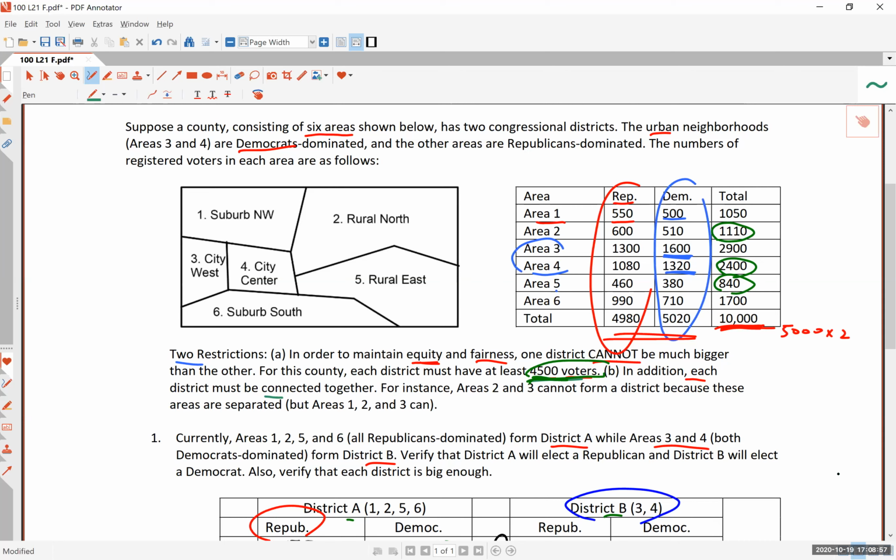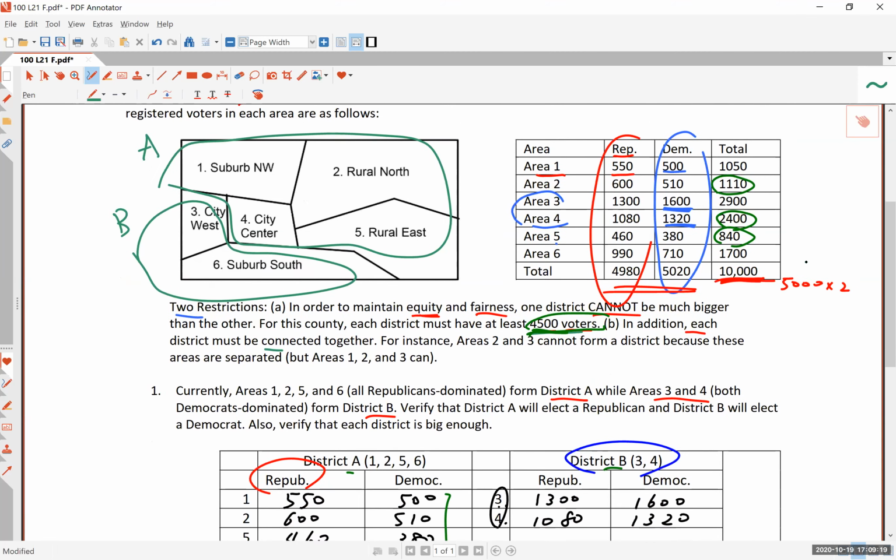So where are 1, 2, 4, and 5? They will be this district, and this is what is proposed as new District A, and 3 and 6 would be District B.